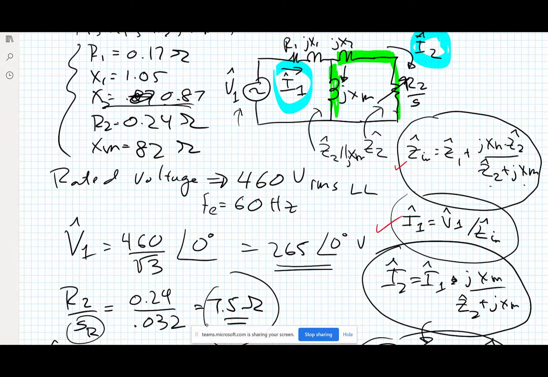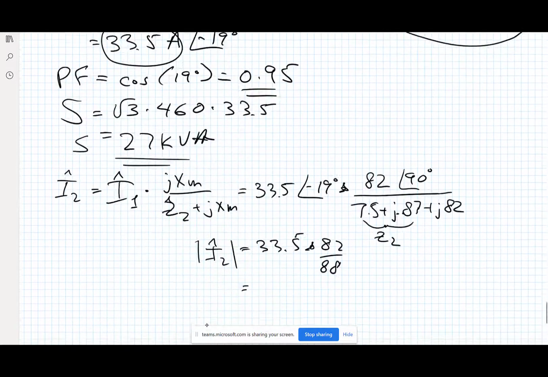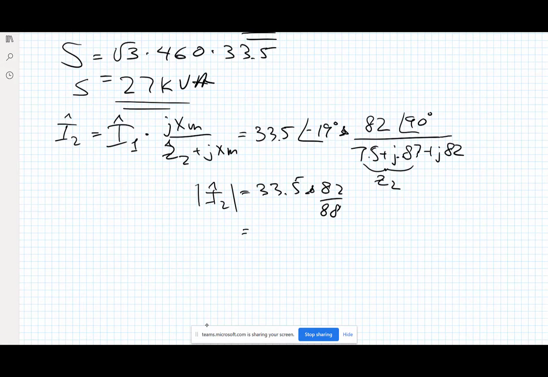So a little bit of it goes there and the rest goes over there. But it's not negligible what goes down the magnetizing branch. So 33.5 times 82 over 88 is 31.2 amps.